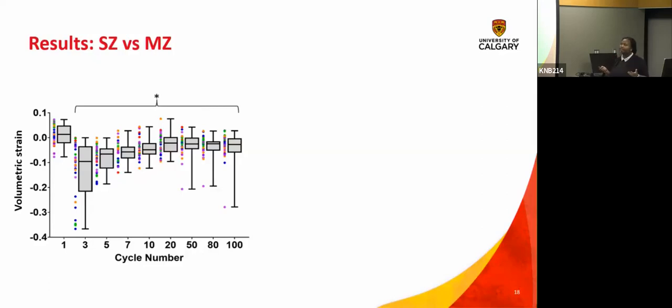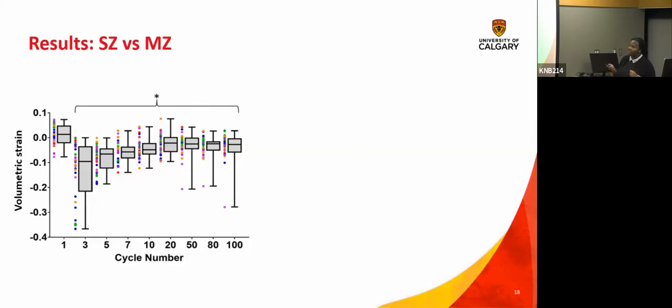But remember, we did notice that the tissue was still compressed. So although the tissue was in compression, the cell still managed to recover its volume as the loading was still taking place. This was very interesting to us as well.